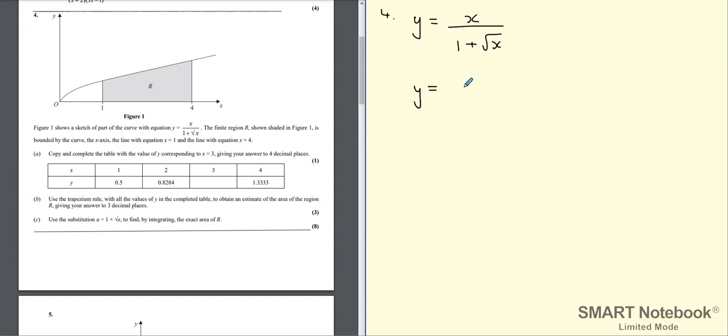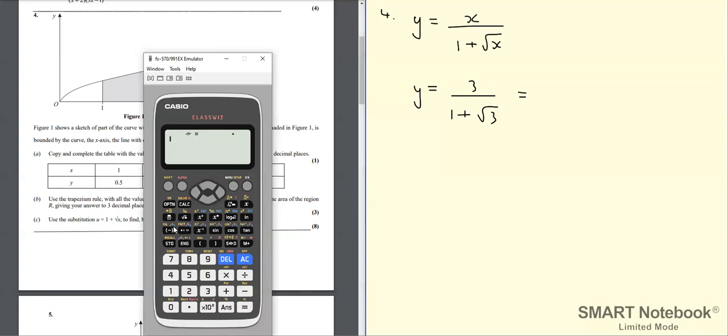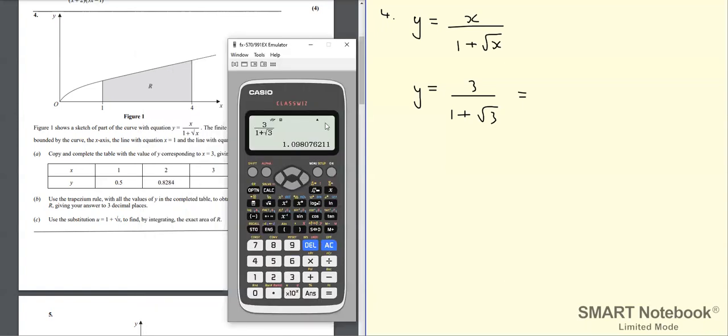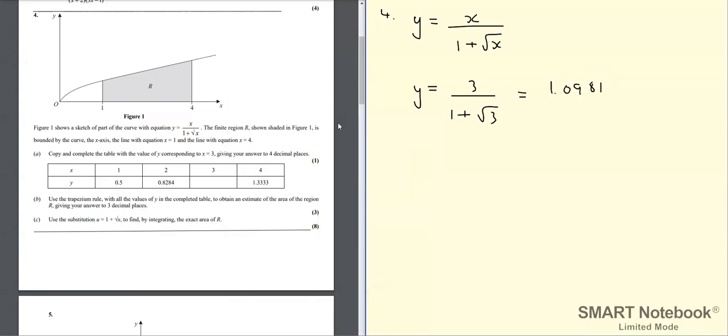So when x equals 3, y is going to equal 3 over 1 plus root 3, which we are going to work out to 4 decimal places, so 1.0981. So there we have the answer to part A.